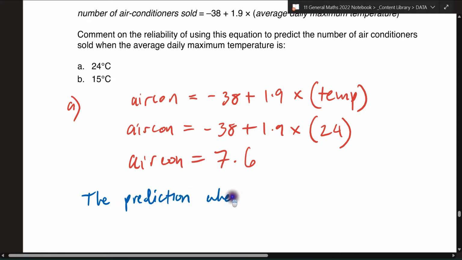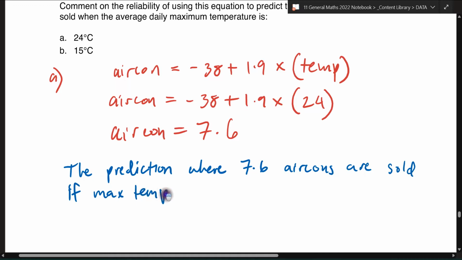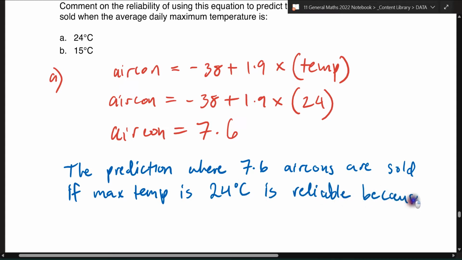where 7.6 aircons are sold if max temp is 24 degrees is accurate, or is reliable, I would say actually, is reliable, because it is interpolating.